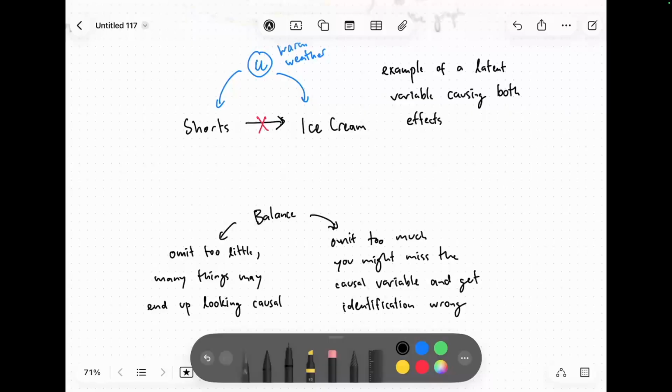So there are tests to determine how good identification could be, for example, and we may talk about some examples of that. But a lot of the strategies have to do with drawing causal diagrams and being able to really defend them well.